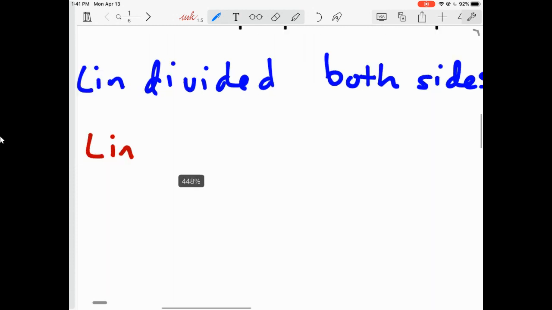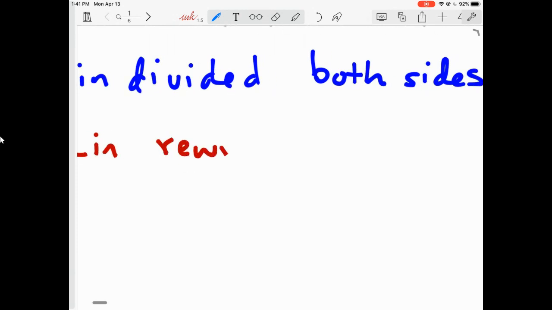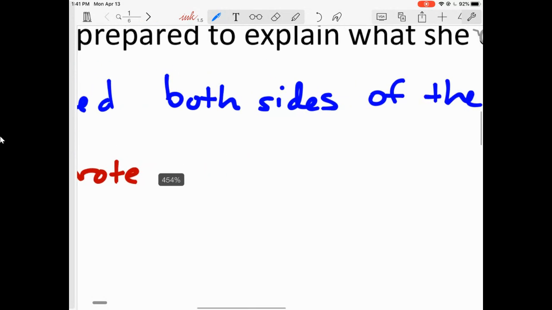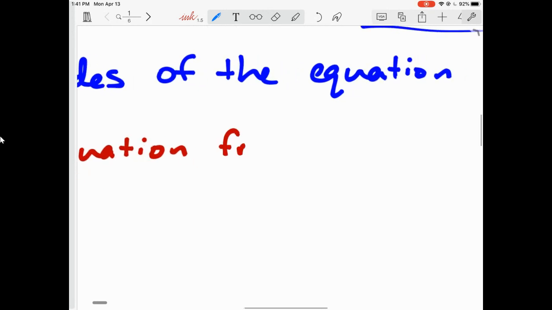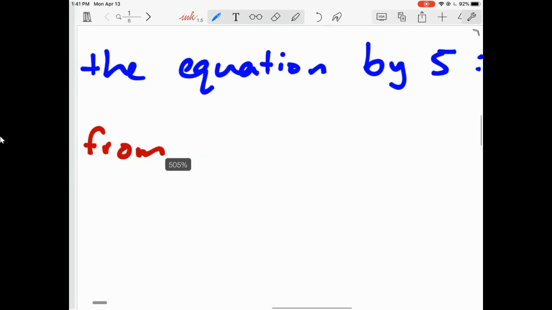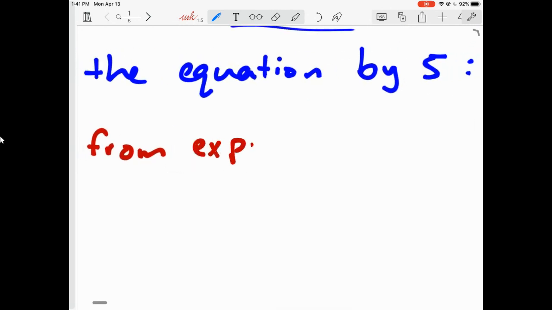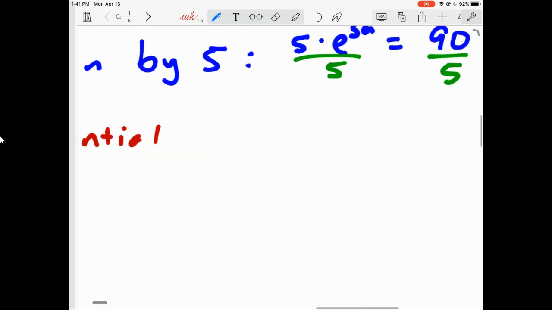So step 2, Lynn rewrote the equation from exponential to logarithmic form.